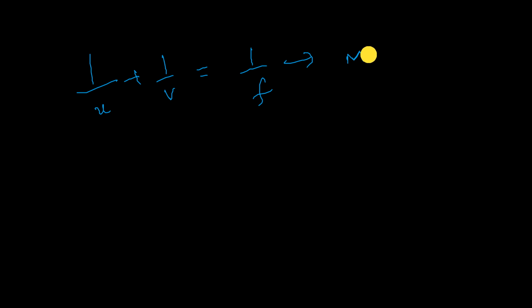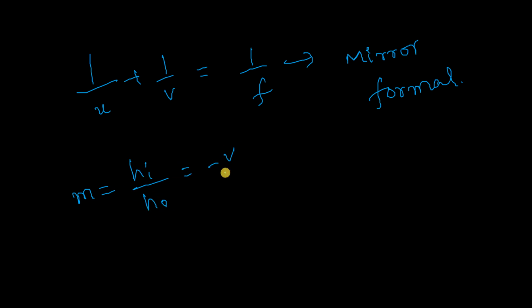And magnification is the height of the image by height of the object, that is, minus v by u. So that is the mirror formula and mirror magnification.